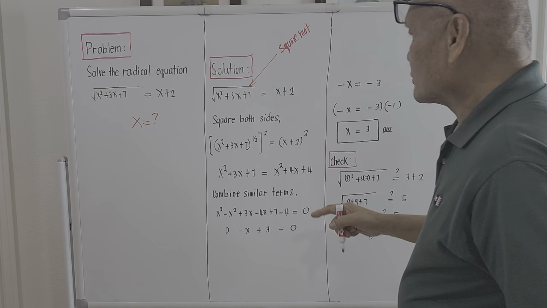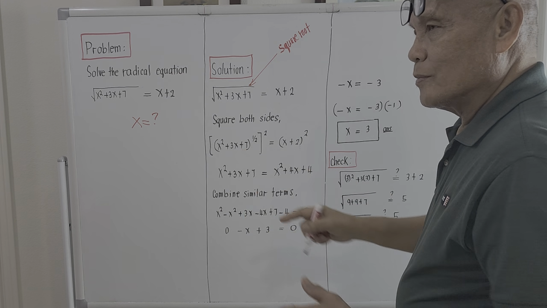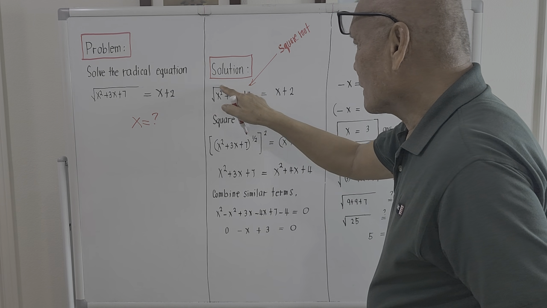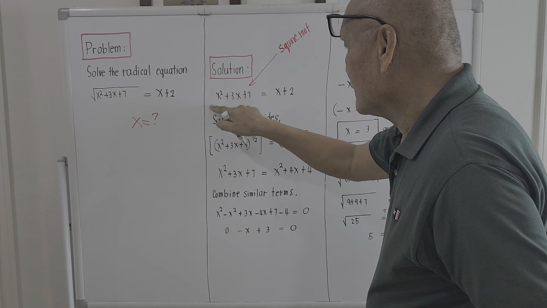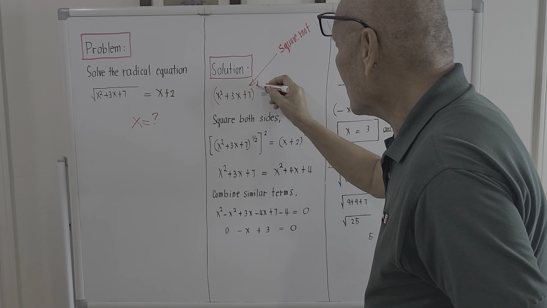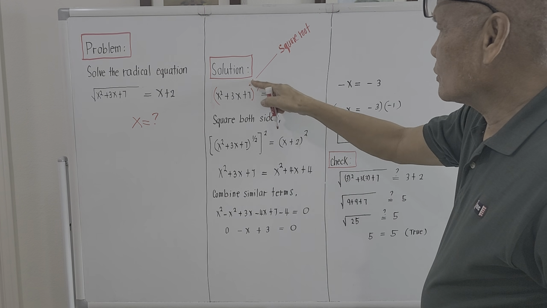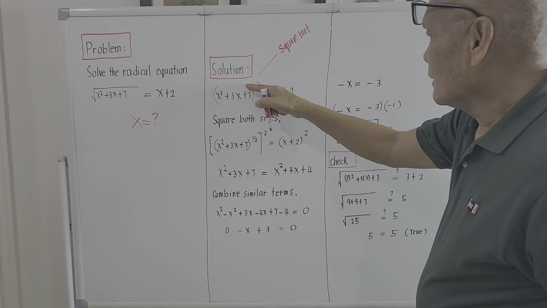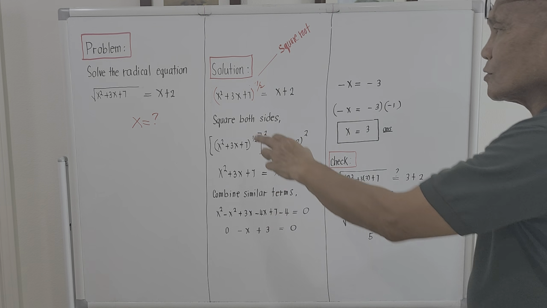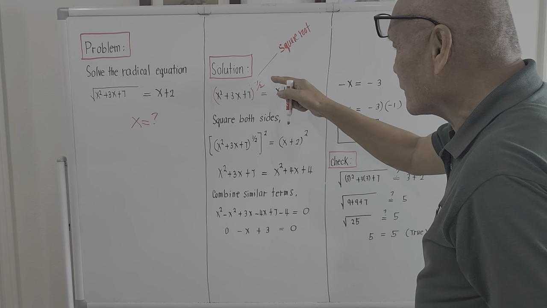Right? So if we replace this with its exponential equivalent, we have to remove the radical sign. And this should be raised to 1/2. So the equivalent of the radical sign is actually a power of 1/2. And to solve for x, we have to eliminate this 1/2 here.